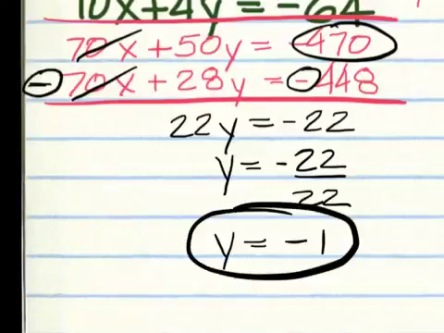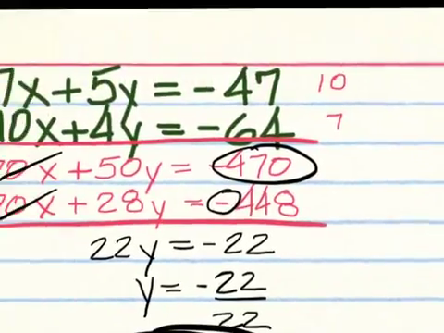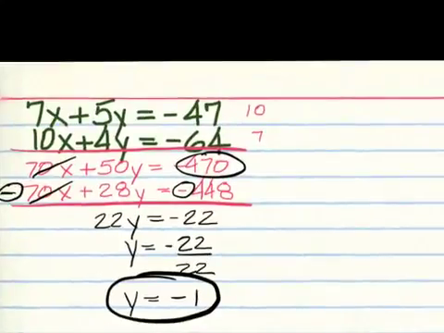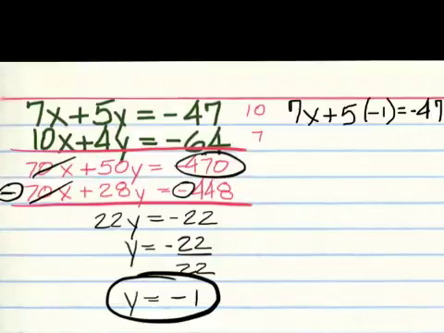You'll have to go back and plug that negative 1 in to one of the top two equations. I'll try the top one. So if you plug in a negative 1 for y, you'll go back and simplify. That would be a negative 5, but really a minus y or minus 5 in there.